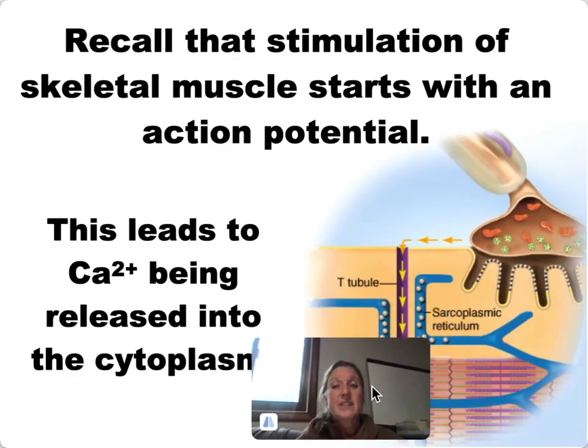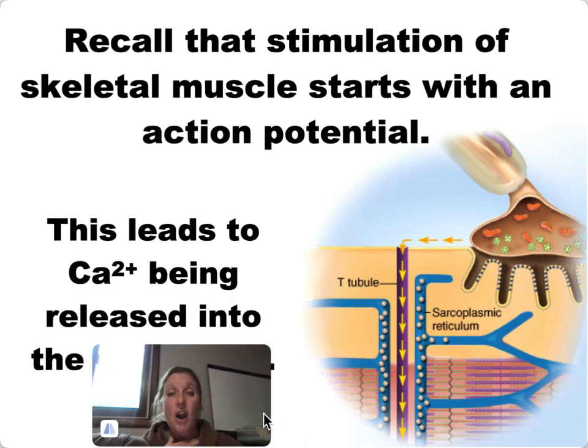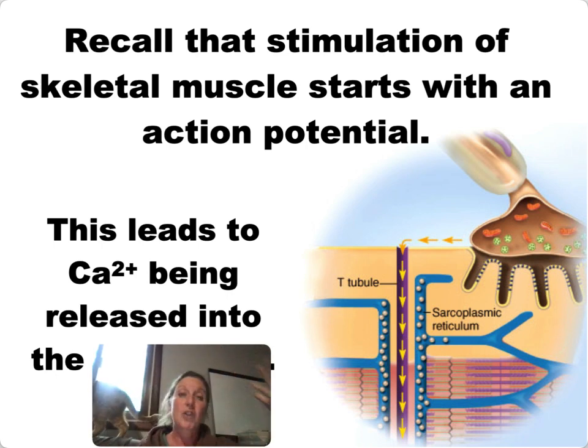So, just like you saw in skeletal muscle, heart muscle, in order to contract, has to start with an action potential. Now, in skeletal muscle, we had a neuron coming from the nervous system connecting to the muscle fiber itself, and then it would start the action potential by sending a neurotransmitter across the synaptic cleft.